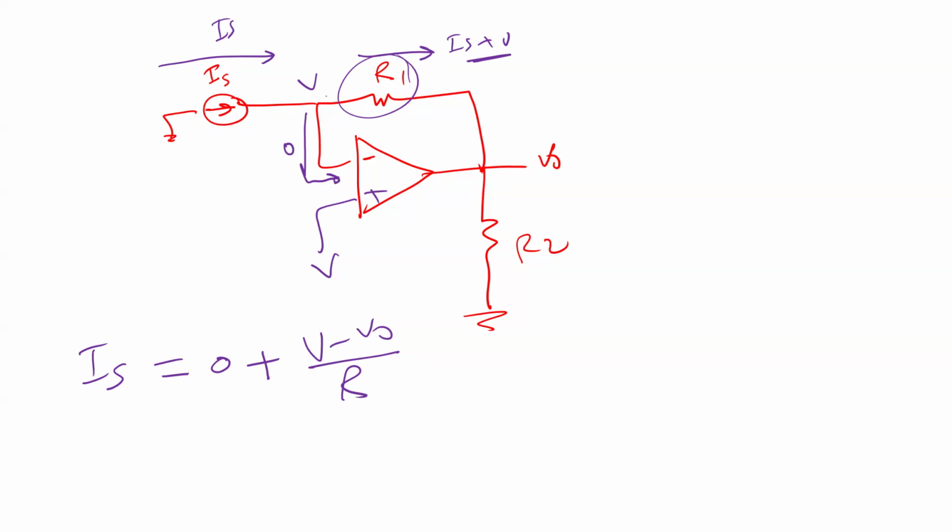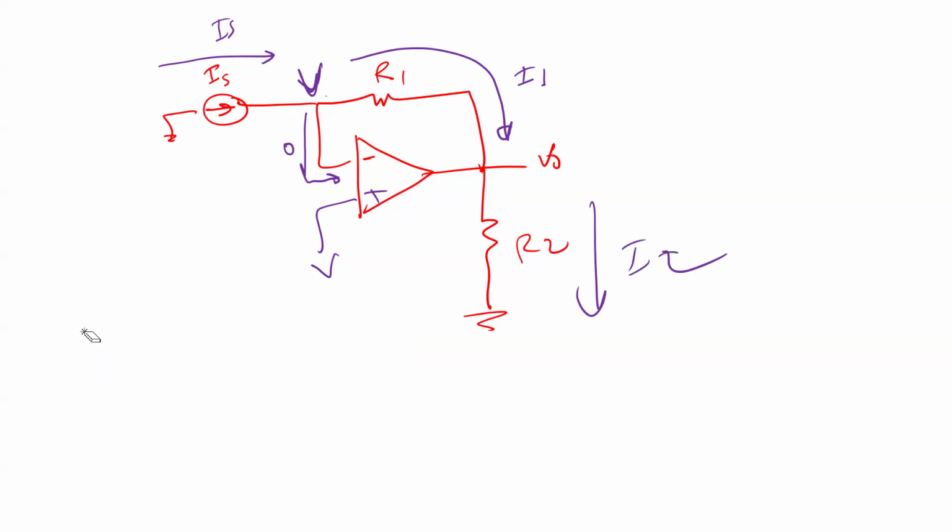The mistake some students did, and really this is not a good mistake, is that instead of working on IS and R1, they worked on R1 and R2. What they did, they said this is V, and this current, I'm going to call it I1, is equal to I2.